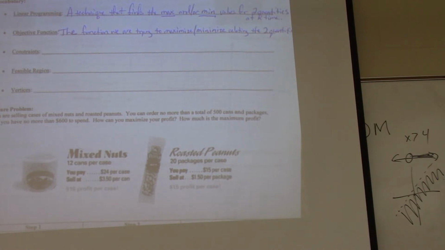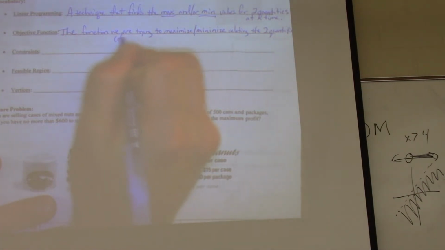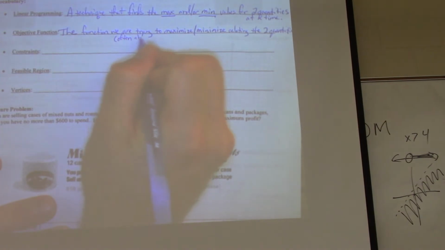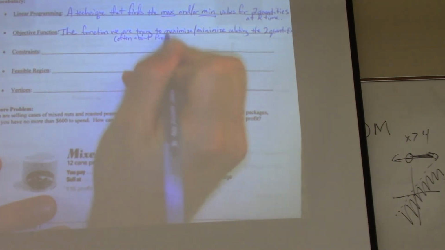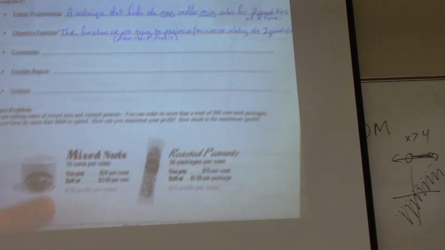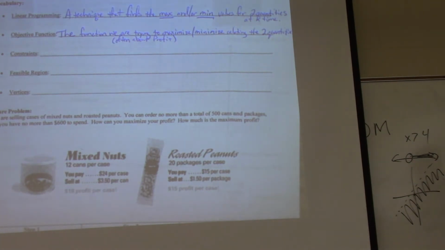This is often profit. Often about profit, and you'll see it in a lot of these problems. I think there's one problem on a homework assignment about calorie consumption, or actually calorie distribution based on running and walking, how much you lose and stuff. But most of the time it's about profit. You'll see an example in a few minutes, but basically it'll say P equals, and then how much money we are making, like $3 for this and $4 for this, etc.